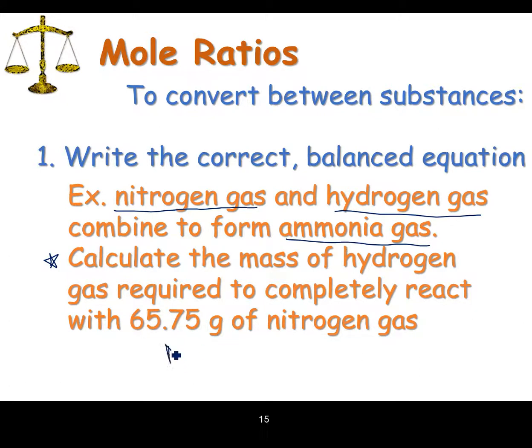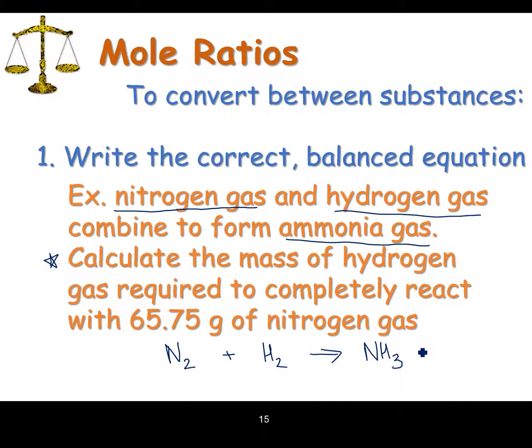Nitrogen gas is N2 and hydrogen gas is H2. These combine to form ammonia, NH3. Now these are written all as gases. However, for stoichiometry, their state isn't going to be relevant to us, so for right now I'm going to leave that out.